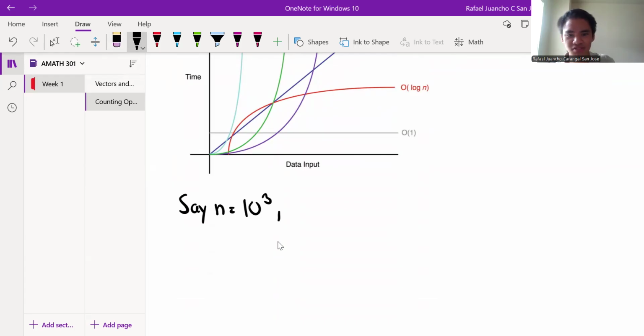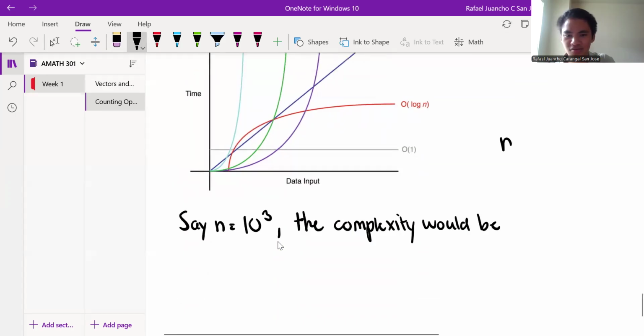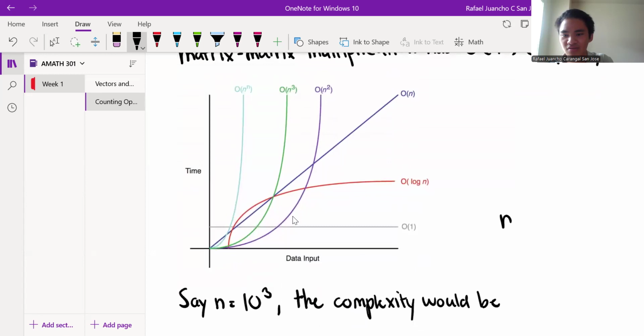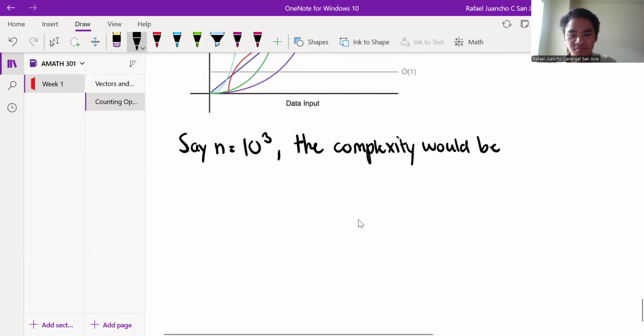So what would the complexity be? If this were n, I think it was n cubed, right? N cubed, we plug in this for n, we get 10 to the power of 9. 10 to the power of 9 is definitely a big number.